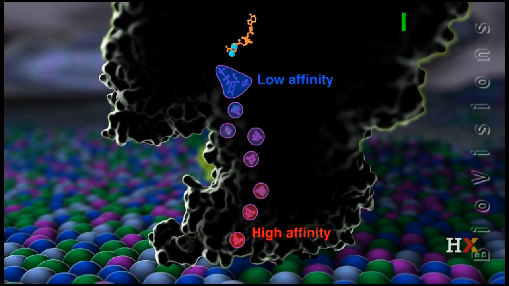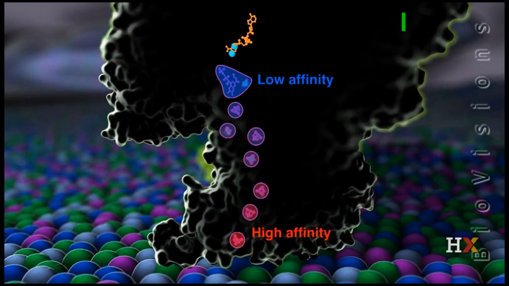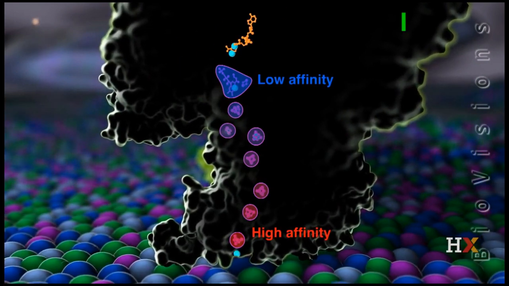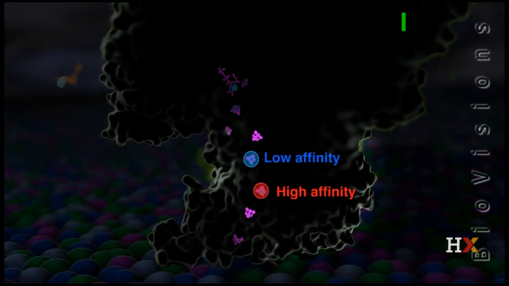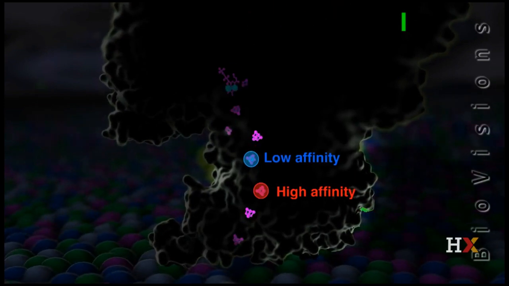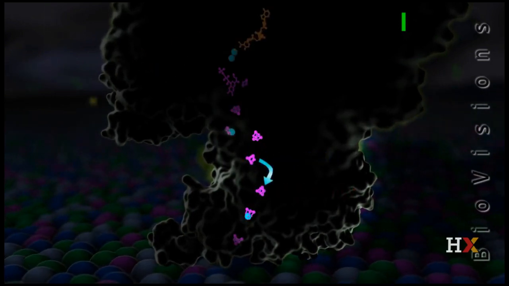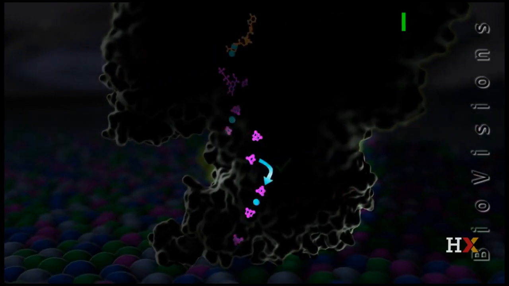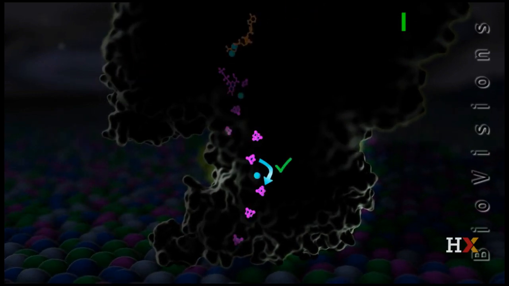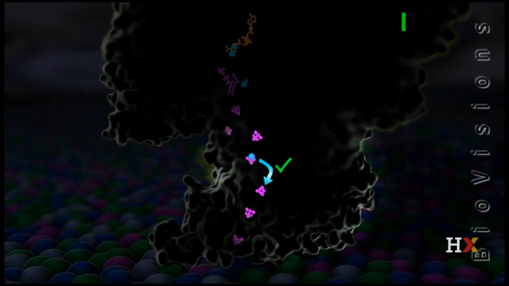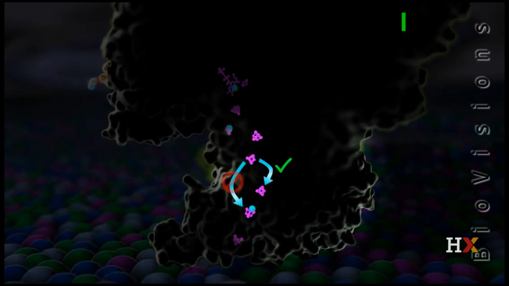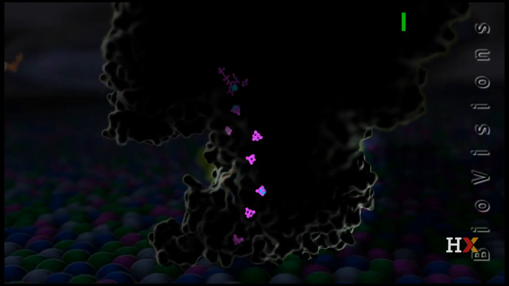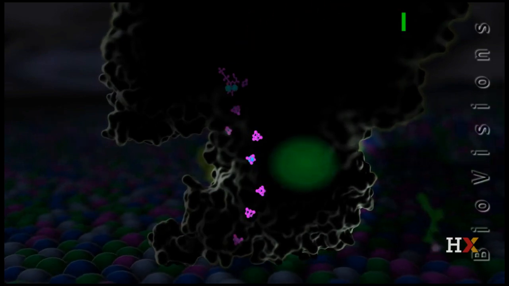Let's closely consider a pair of redox centers to reveal 2 reasons why an electron moves from the top redox center to the bottom. First, the bottom redox center has higher affinity than the top one. Second, the distance between these adjacent redox centers is ideal for an electron jump to occur, which explains why electrons typically don't bypass the bottom redox center. A small amount of energy is released each time an electron is passed between redox centers.